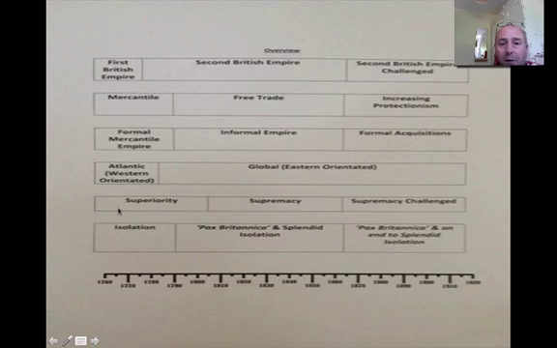Now, our fifth set of thirds is a real key set of terminology that you need to be clear and understanding of. From 1763, the end of the 7 Years' War, through to around 1805 to 1815, 1805 being the naval battle at Trafalgar, the single greatest naval victory ever, and Waterloo in 1815, where Napoleon was defeated on land, Britain is the single most powerful country in the world.